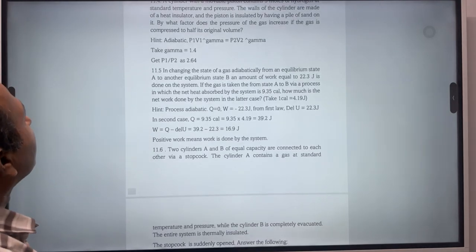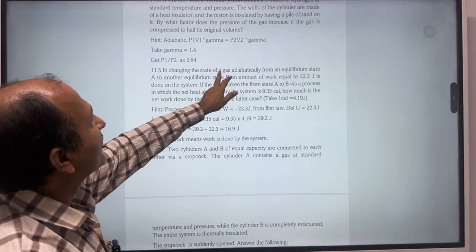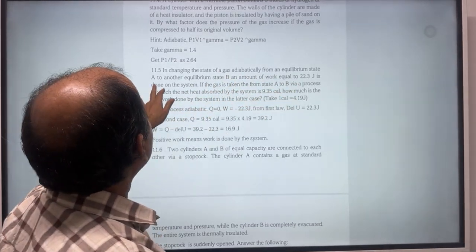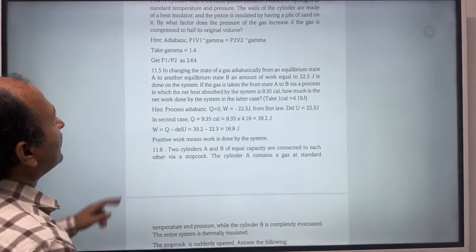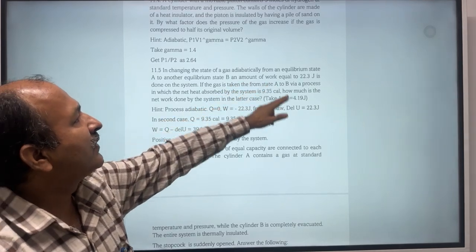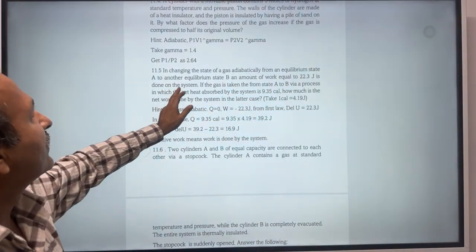What is the next question? It says, in changing the state of a gas adiabatically from an equilibrium state to another equilibrium state, A is the first equilibrium state and B is another equilibrium state, an amount of work equal to 22.3 joule is done on the system.